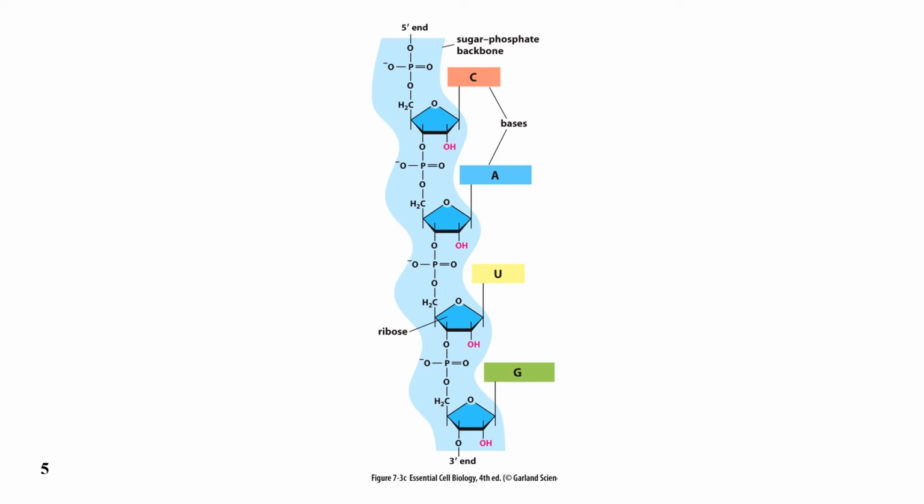In the end, we have a ribonucleotide chain, or an RNA nucleic acid, that has a series of ribonucleotides bonded by these phosphodiester bonds. Again, a 5' end and a 3' end, demonstrating polarity in that ribonucleotide chain.